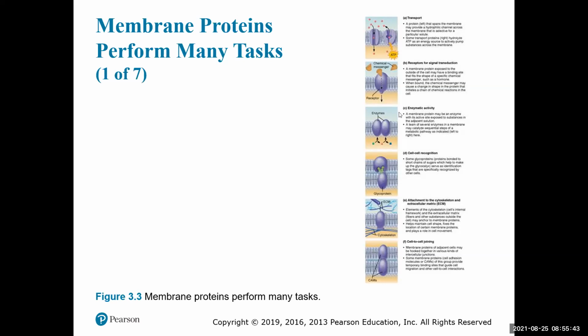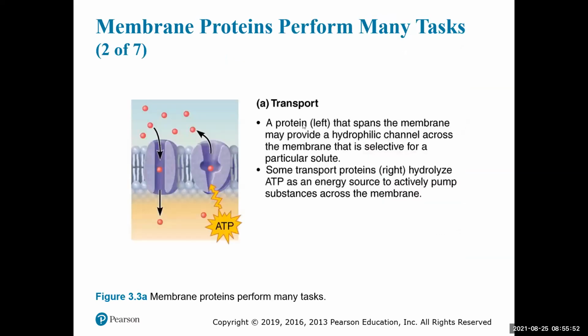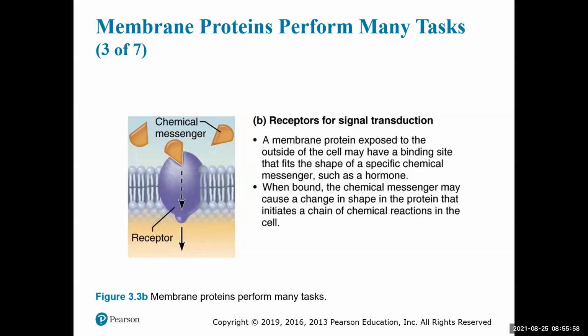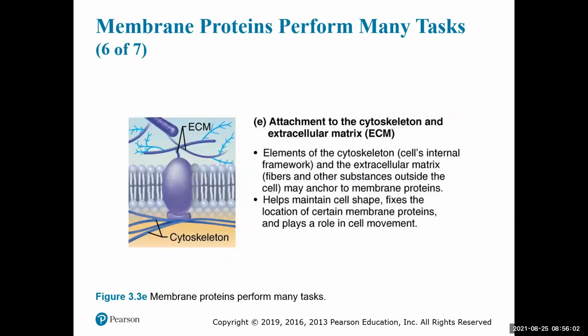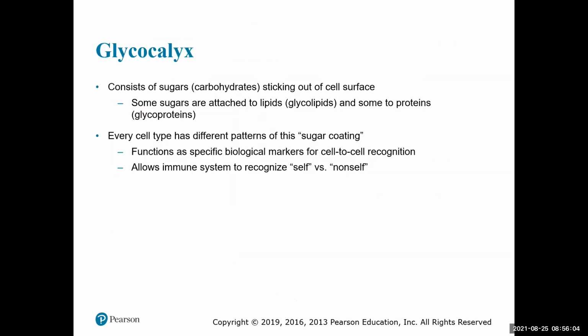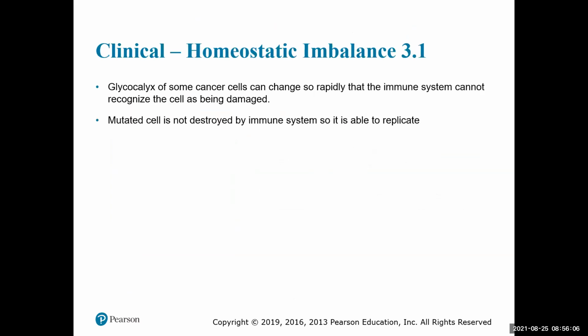Here's our linker activity, receptors for signal transduction, all kinds of things proteins are used for. And this just goes through the individual ones, bigger picture. Glycocalyx, I talked about that.